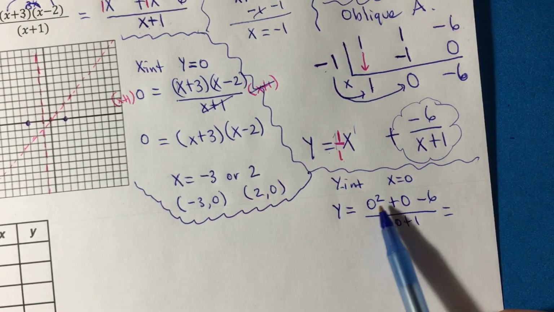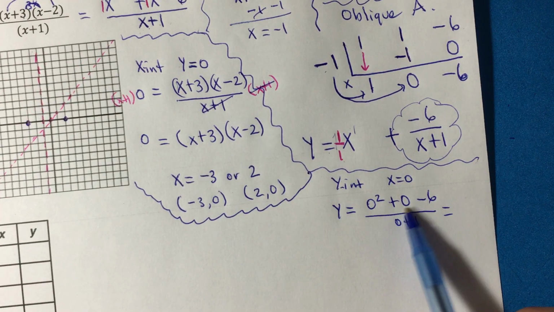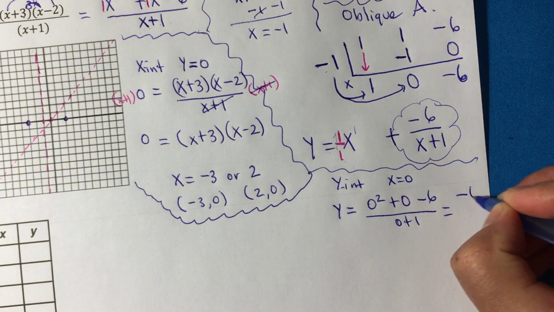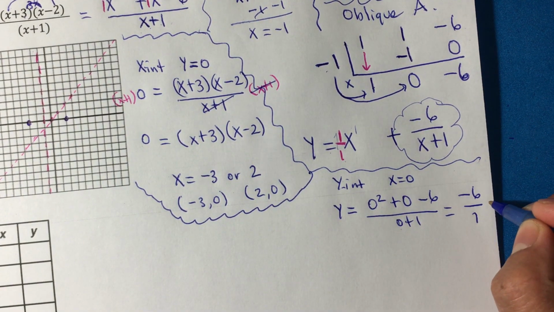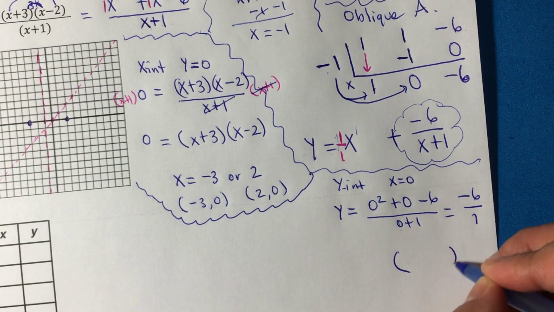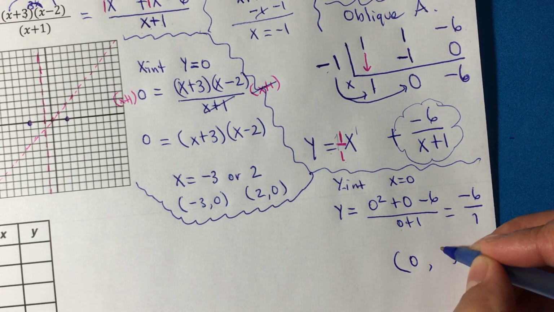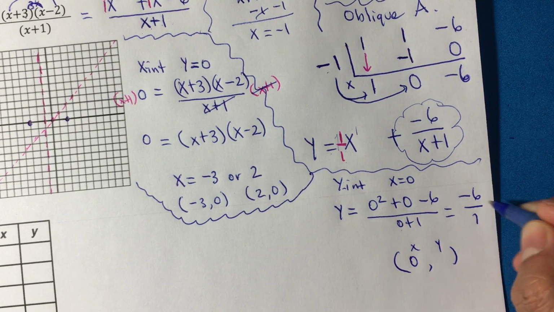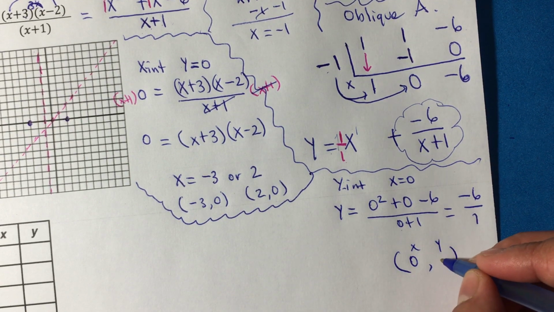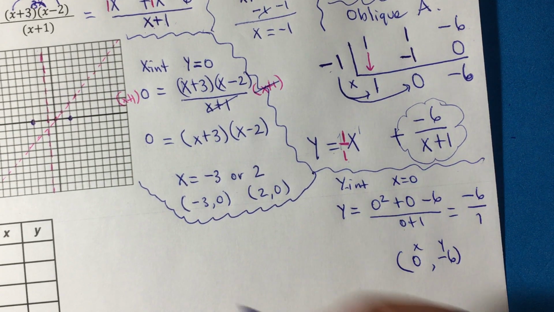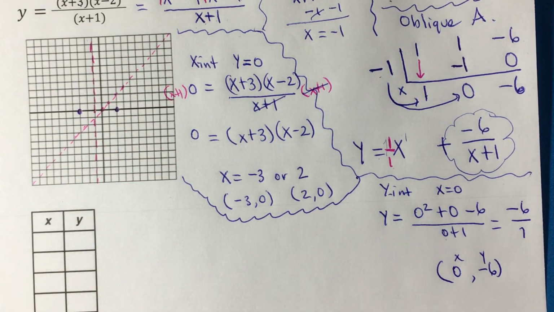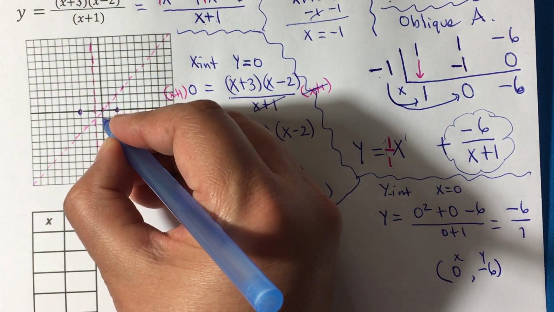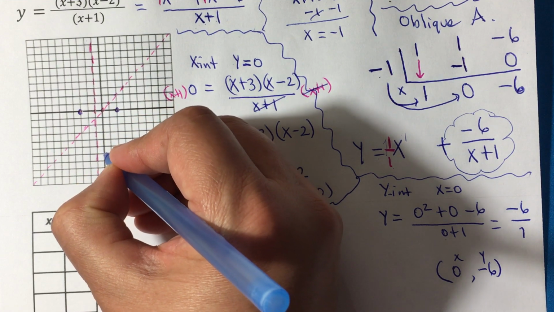And so in here, 0 times 0 is 0, plus 0 is 0, minus 6 is negative 6. 0 plus 1 is 1. And so my y-intercept is at 0 for x, and y is negative 6 divided by 1, which is negative 6. So we go to our graph, and 0, negative 6 is right there.